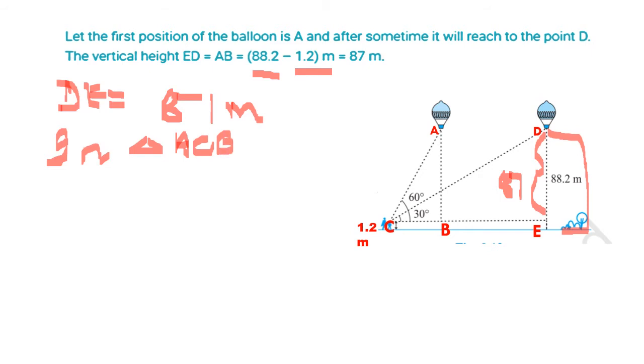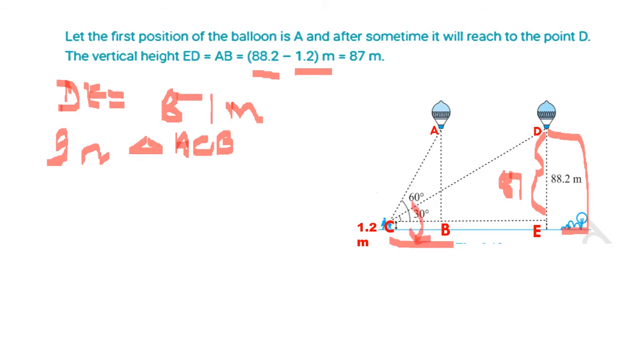Now as we know, in this triangle the angle at C is 60 degree, and we need to find the distance C to B. Now, in triangle ACB, what will be CB? If we take this part, CB is adjacent to 60 degree.